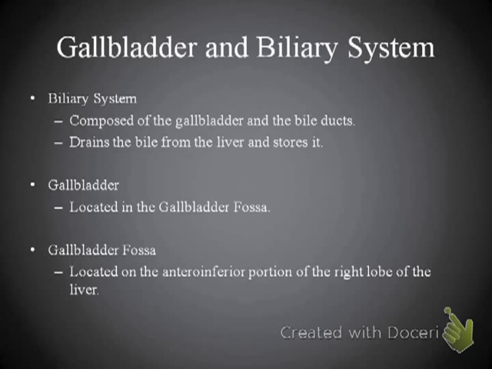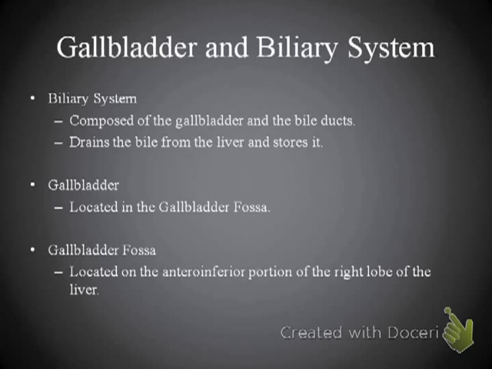The gallbladder is located in the gallbladder fossa, which we have seen on CT and through our images. The gallbladder fossa is located on the anterior-inferior portion of the right lobe of the liver.